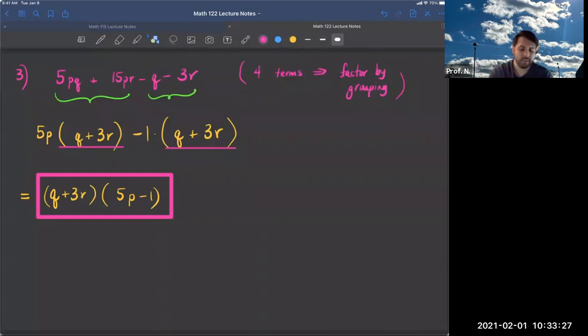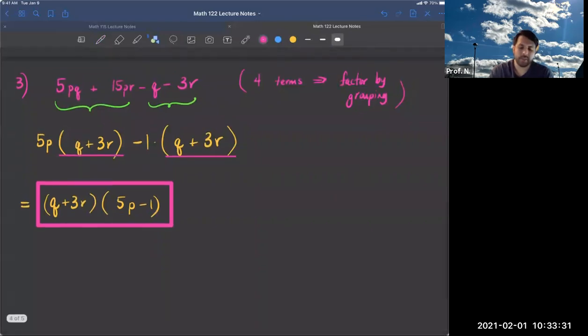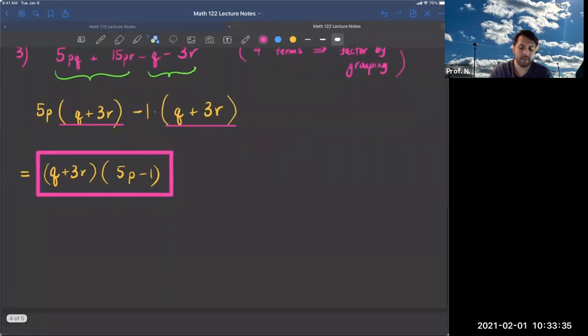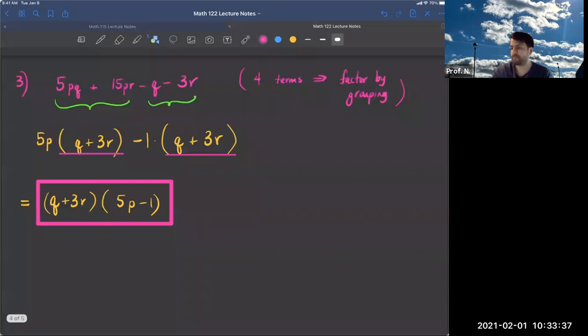So again, this is just reviewing factoring, factoring by grouping, AC method, difference of perfect squares. There's definitely a few more things that I would like to go over. Any questions about factoring?